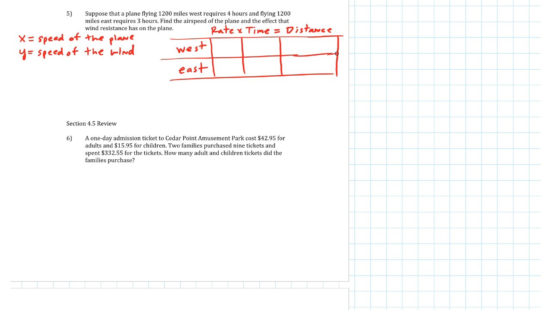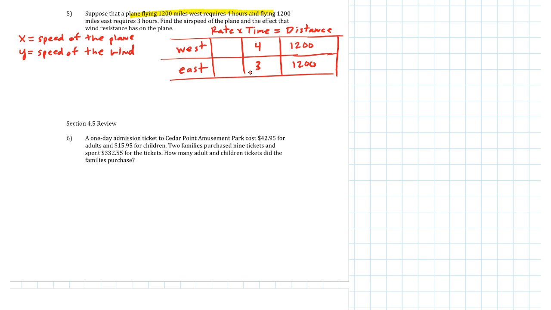Okay? So, we know a plane flying west travels 1,200 miles in 4 hours, and a plane traveling east going 1,200 miles takes 3 hours.